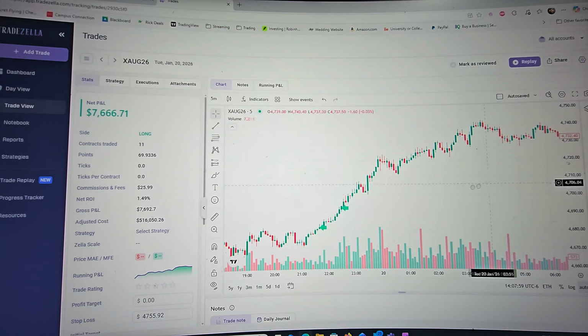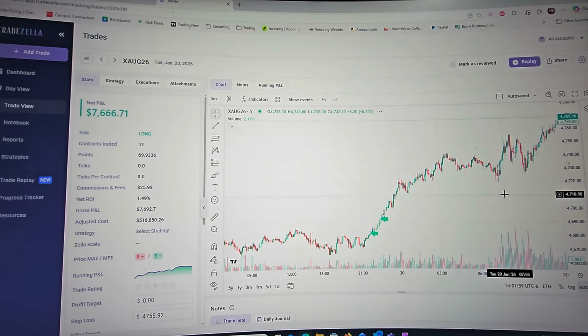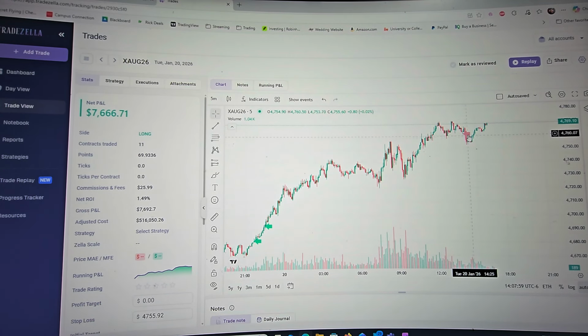First entry, second entry, and that was the exit. Oh yeah, this was the exit. First entry, second. So first of 1 lot size, 10 lot size, and that was our exit for that trade.